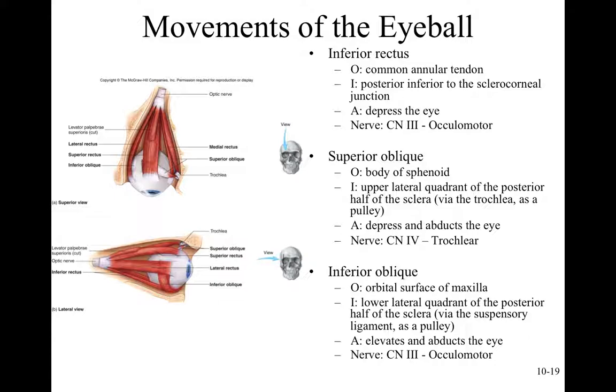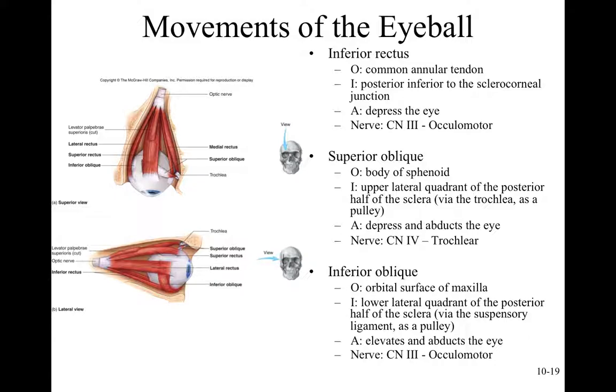When this one contracts, it will elevate, so looking up towards the forehead, but it will also abduct, looking more laterally as this one contracts. This again is done by cranial nerve 3, the oculomotor nerve. So we have 3 muscle movements that occur using the oculomotor nerve.